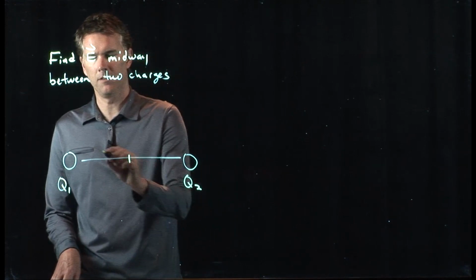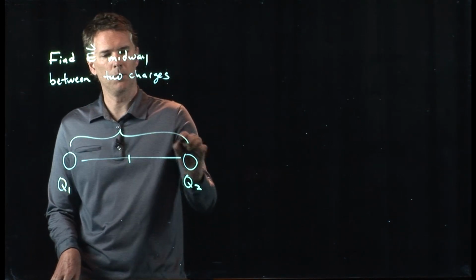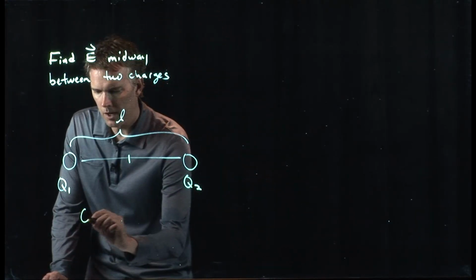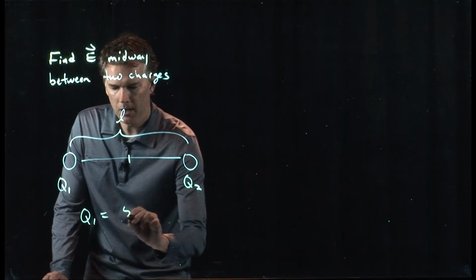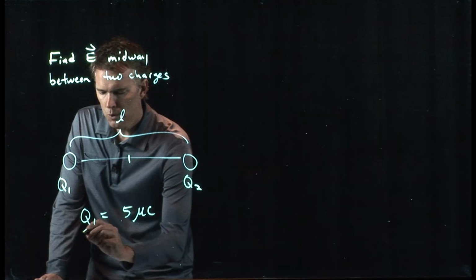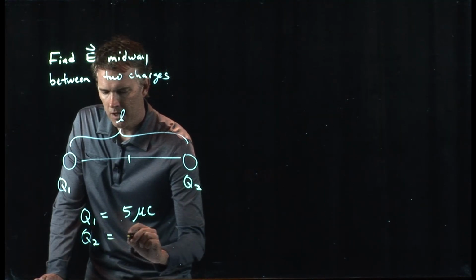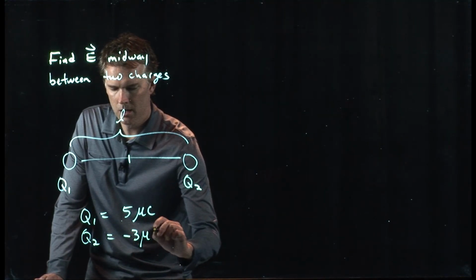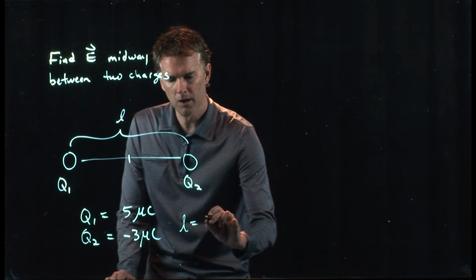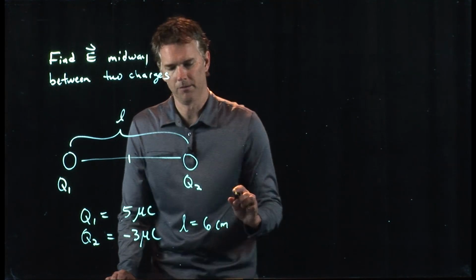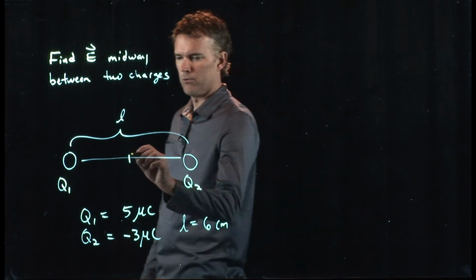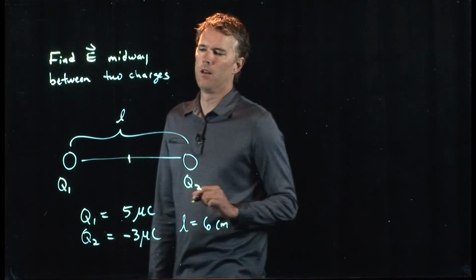We are a distance midway between, and we'll call the total distance L. So Q1 is going to be 5 microcoulombs. Q2 is -3 microcoulombs. And L is equal to 6 centimeters. Okay, and we want to find the E field right in the center, right there, midway between.